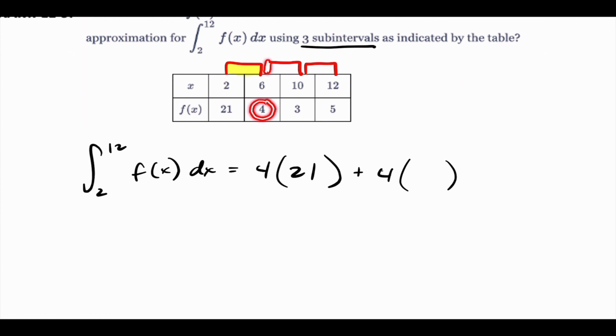The y value is 4. So that means it's going to be 4 high. The last rectangle is going to be not as wide. It's only going to be from 10 to 12, so that's 2. The left side at 10 is going to be 3 tall.